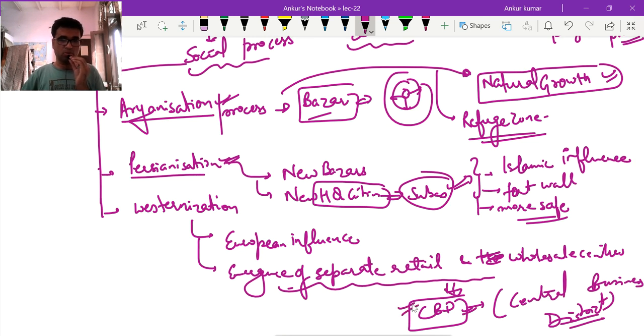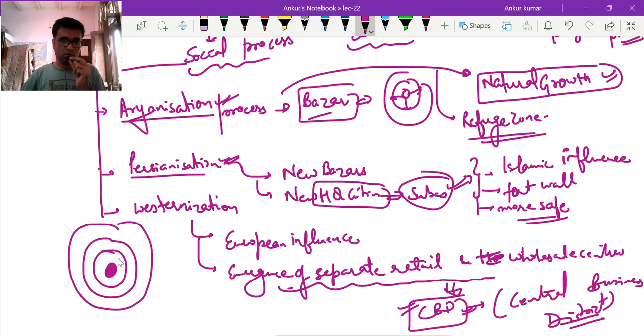Although the CBD model was based on the Western model, where the main zone of the city was the factory zone, zone 1, and around that zone there was the growth of the city. There was in migration as well as out migration. Basically the main factor was the centrifugal force, that is the out migration of the upper classes and the working class people from the factory zone, which had become the dark zone.